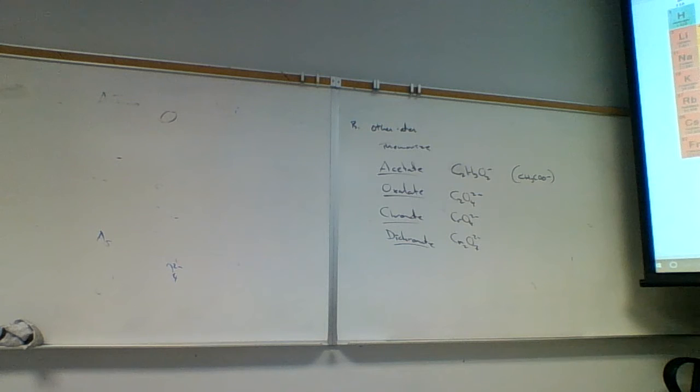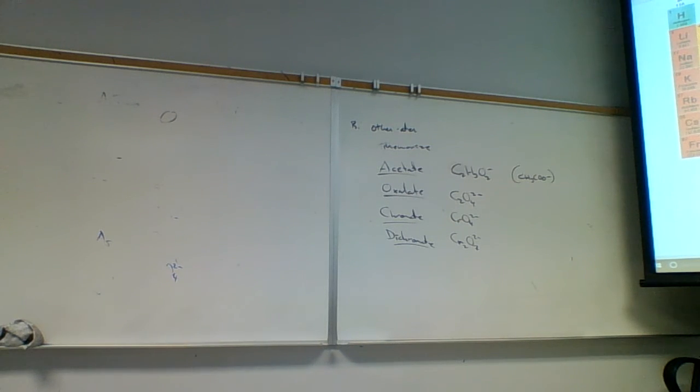We have something similar to sulfate. It's called thiosulfate. Thio refers to sulfur. Whenever you see thio, replace an oxygen with a sulfur. The charge doesn't change, so same charge.